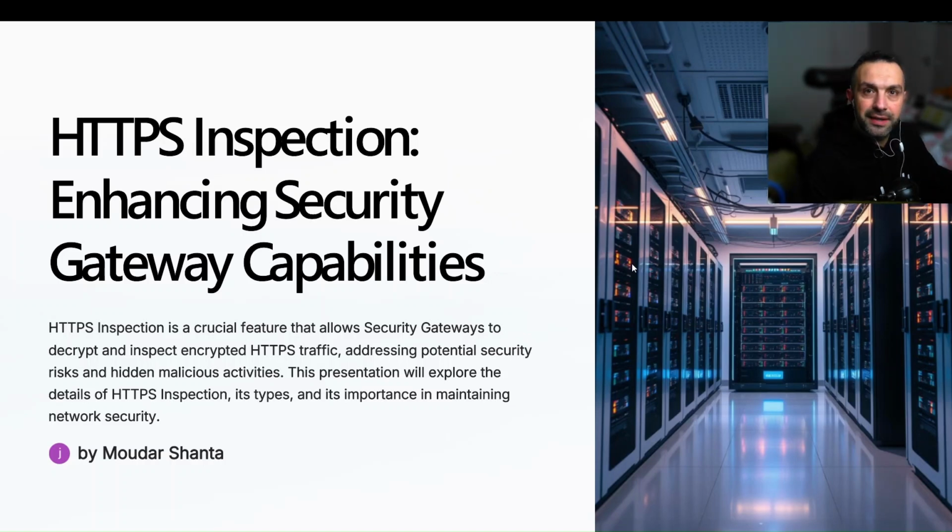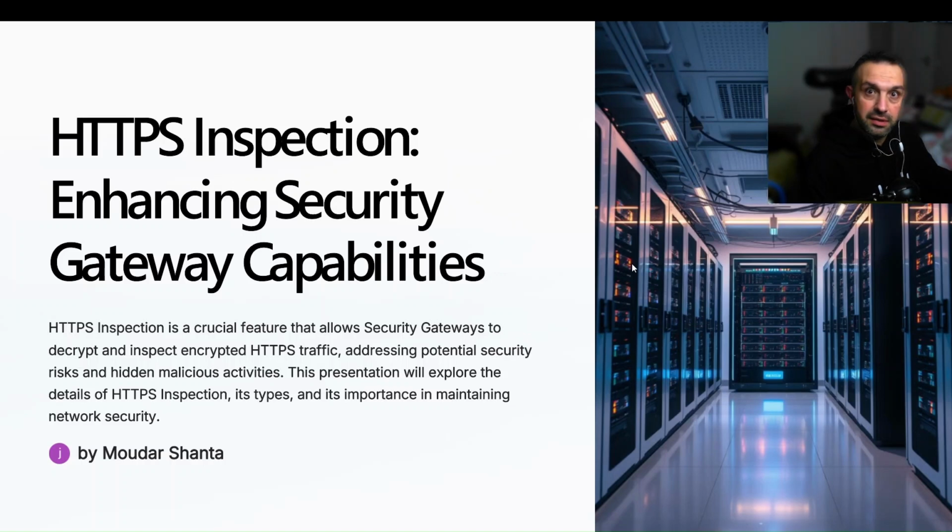HTTPS internet traffic uses the TLS, the Transport Layer Security Protocol, providing data privacy and integrity through encryption. However, HTTPS traffic can pose security risks, potentially concealing unauthorized user actions and malicious activity. Because it is encrypted, security gateways cannot inspect HTTPS traffic by default.